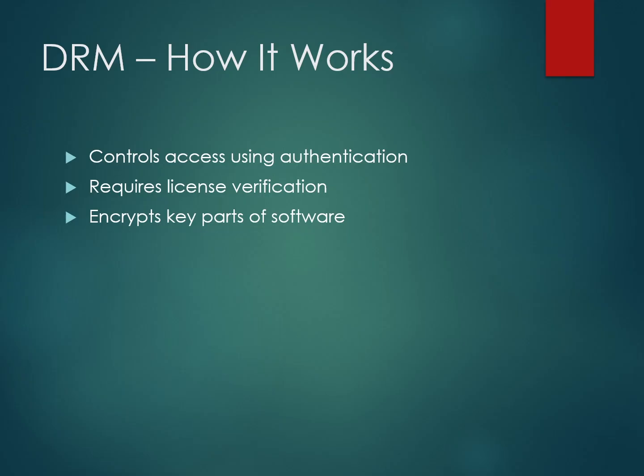One of the big examples of DRM is Denuvo anti-tamper, which is used on several different video games. License checks are done by encrypting parts of the game's executable file and only decrypting them during execution of the game.